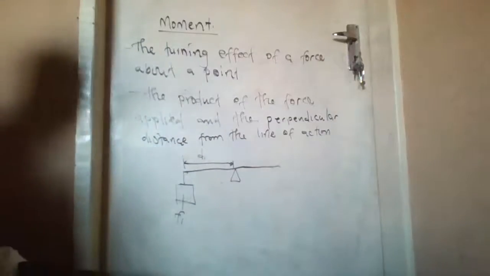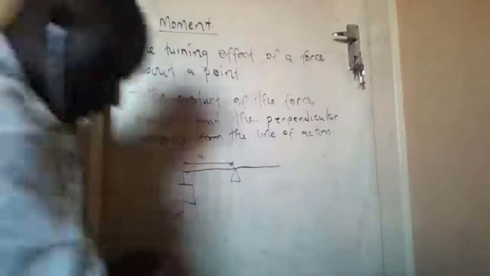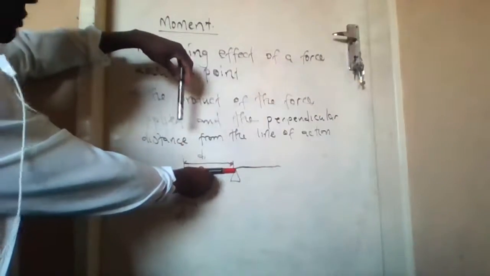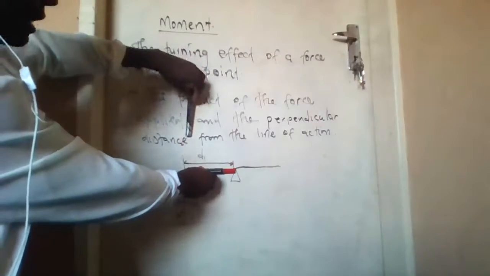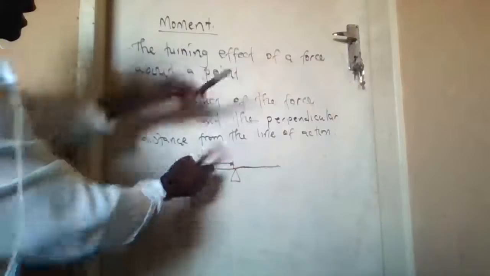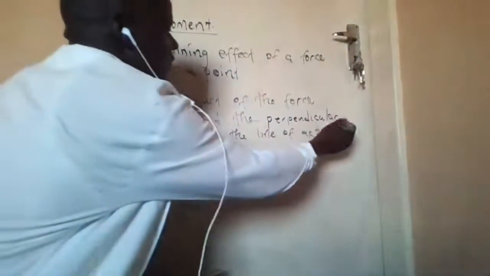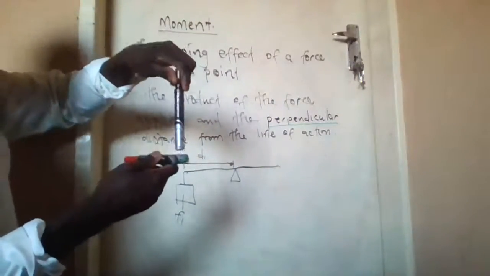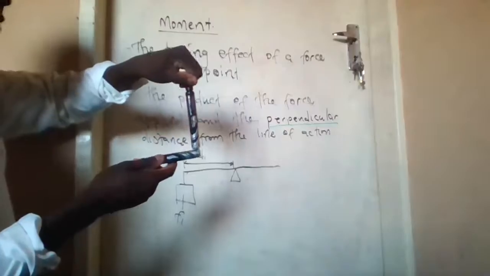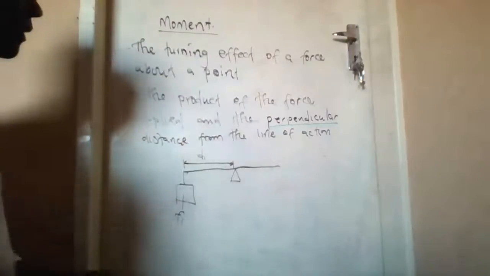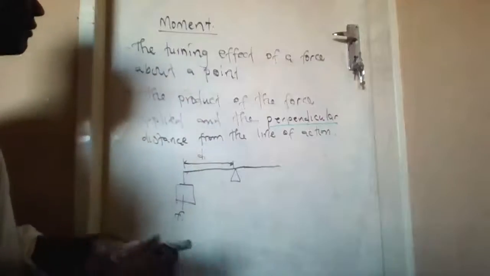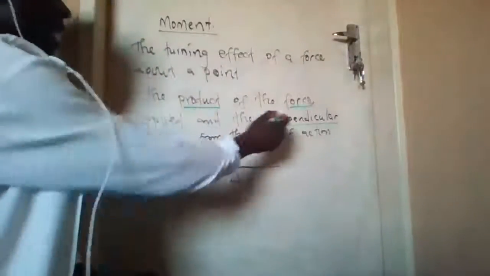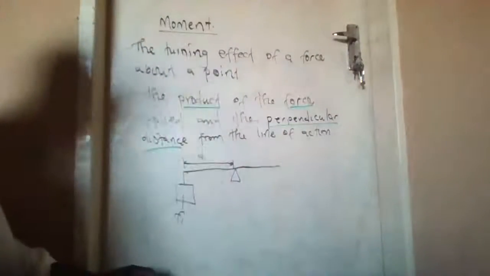Why are we saying perpendicular distance? It is because the force is applied at 90 degrees. That's why we have used the term perpendicular. Perpendicular is trying to remind us that the application of force is at 90 degrees to the direction of the object. We're saying that the moment is the product of the force and the perpendicular distance from the line of action. What does that mean?